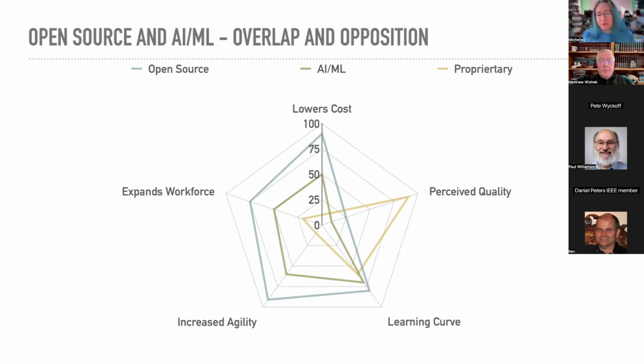And also the learning curve. The learning curve was high for open source, for AI/ML, and for proprietary. So the learning curve doesn't really change when you consider all these different ways of doing things. The big difference was in the perceived quality. There is a very large bias towards high quality from proprietary tools, and a scary, lower quality expected from AI/ML.